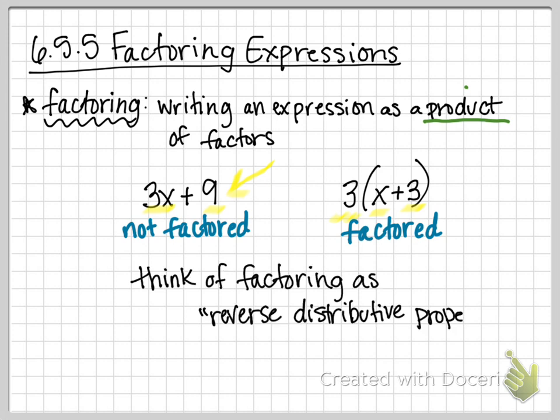So think of factoring as reverse distributive property. So we're basically going the other direction from distributing, and we're dividing. We're factoring out a common factor and writing it as something times another quantity.